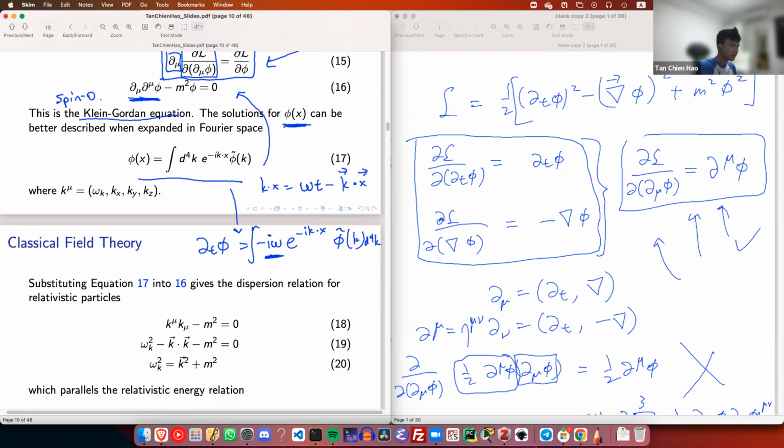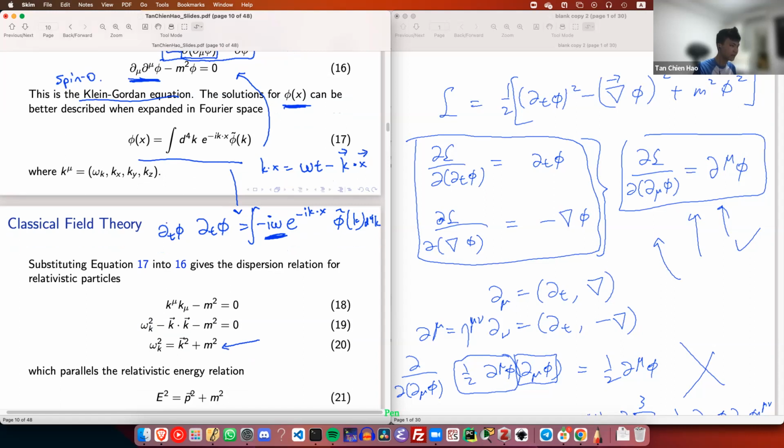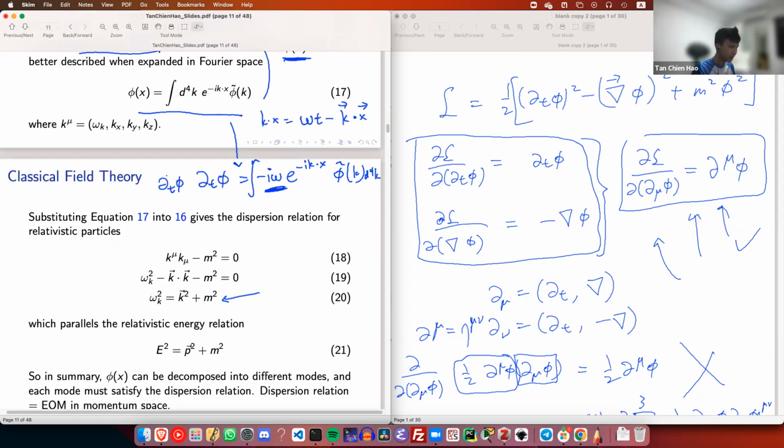If we have another partial t over here, that just amounts to this thing being squared. So at the end of it, you get omega k squared, and the spatial part follows. And you arrive at this, which is known as the dispersion relation for relativistic particles.